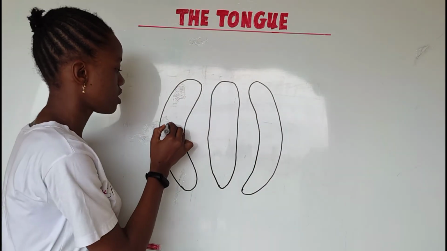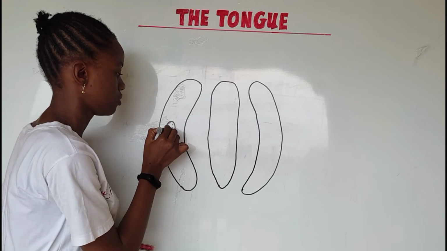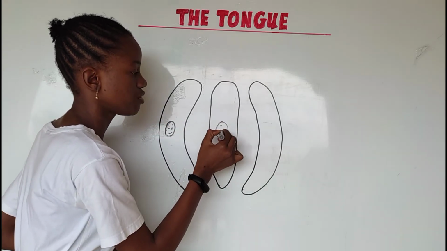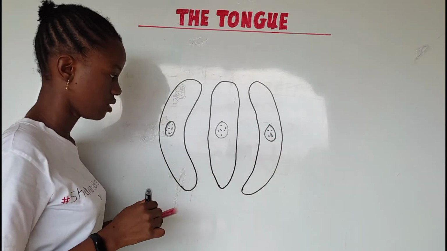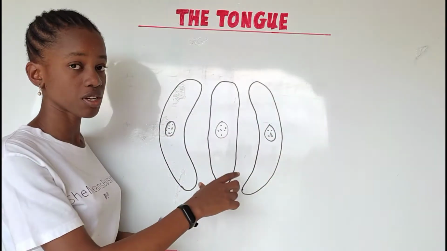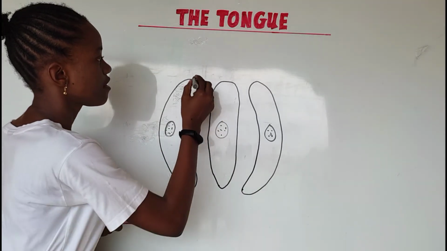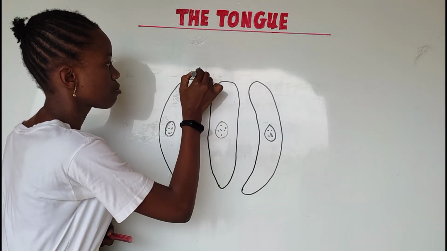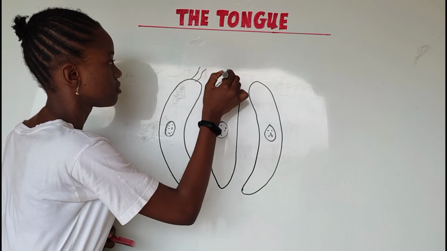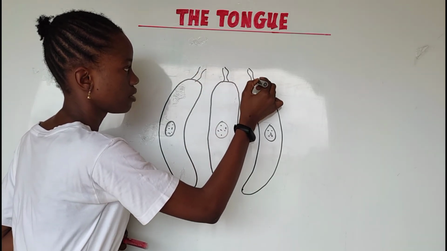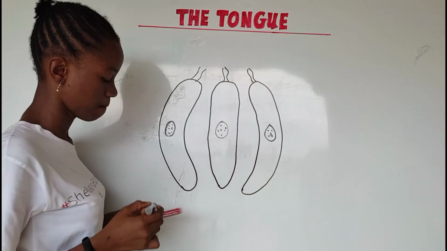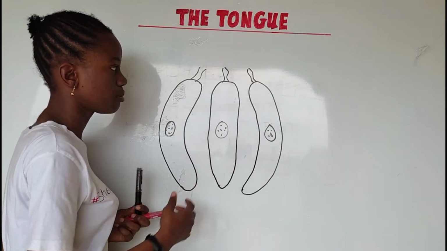So these are the chemoreceptors I've drawn in a group, and they have hair-like processes from the upper tip, just here, and we are going to label it soon.